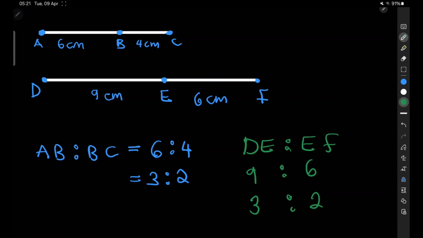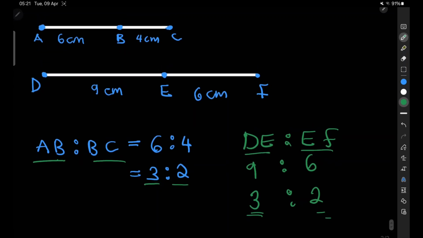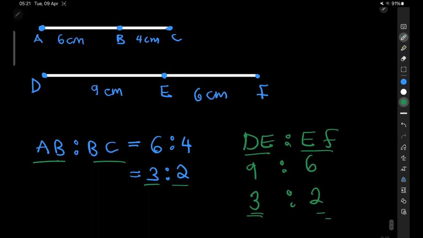So the ratio of AB to BC is equal to 3 to 2, the same as the ratio of DE to EF, which is also 3 to 2. We can see visually and from what we're given that these two lines are not equal in length by any means, but the relationship between AB and BC is the same as DE to EF.